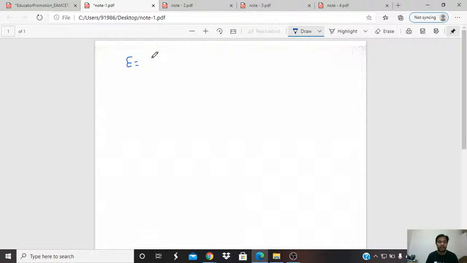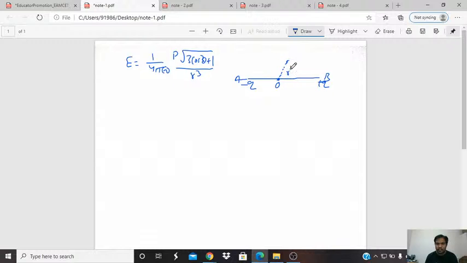For finding the field at any point we have the formula 1 by 4 pi epsilon naught, p into root of 3 cos square theta plus 1, by r cube. How do we get it? This is the electric dipole, minus q and plus q, AB. Consider a point P at a distance r from the center, making angle theta.